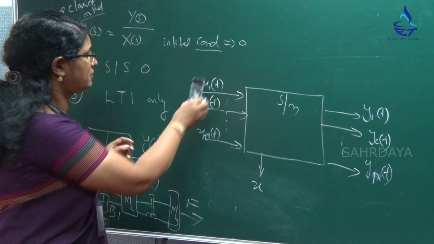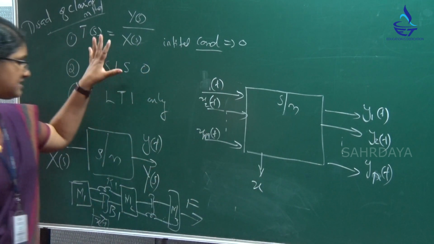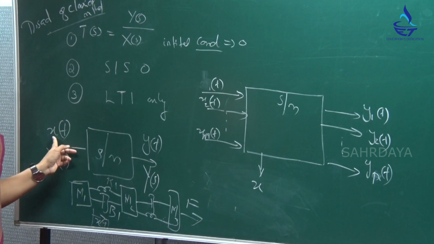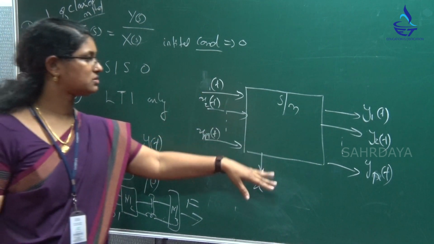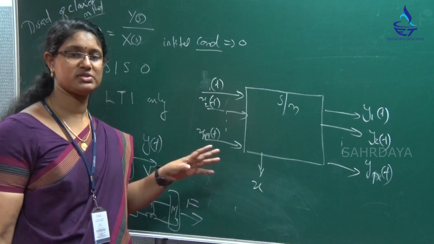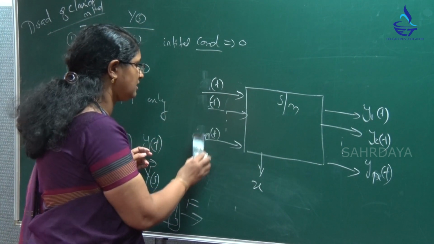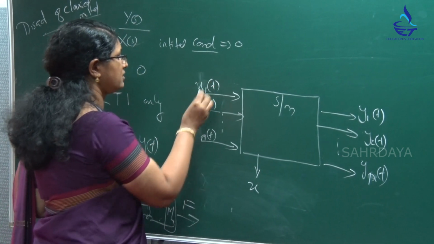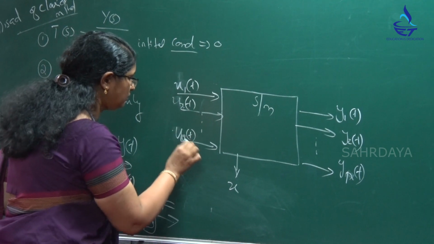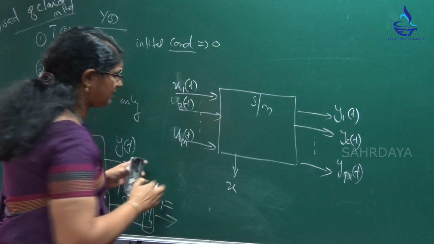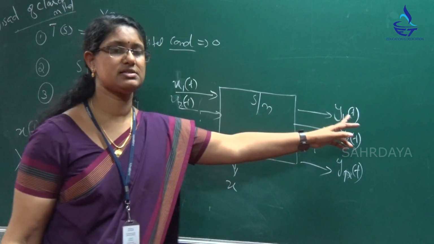And one more thing I wanted to tell you, in classical system analysis, the notation used for input is x of t and output y of t. When it comes to the state space analysis, most textbooks follow a different type of notation, and u is the input, u of t is the input, u1 of t, u2 of t, etc. up to um of t, like there are m inputs. y of t is the output, obviously.